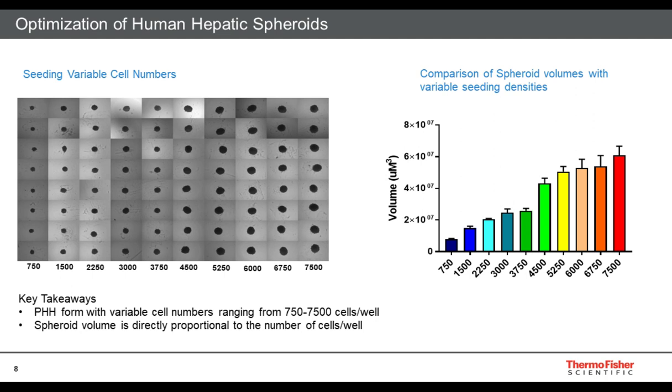We can quantitate that by analyzing the images and calculating the volume. As you can see on the left, and also in the quantitation on the right, we're able to increase the size of the spheroids by starting with more cells in the initial seeding within this range.